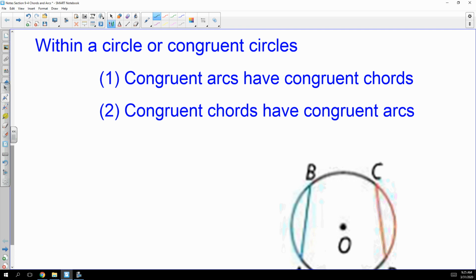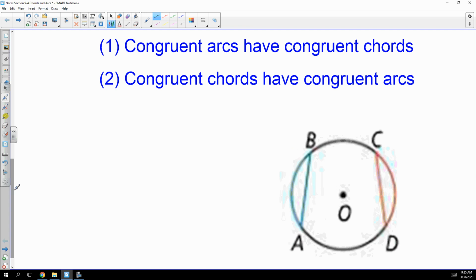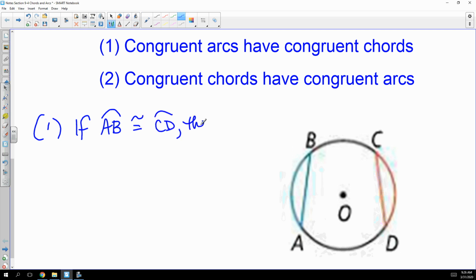Within a circle or in congruent circles, the first statement here says congruent arcs have congruent chords. So according to number 1, if arc AB is congruent to arc CD, then segment AB is congruent to segment CD.